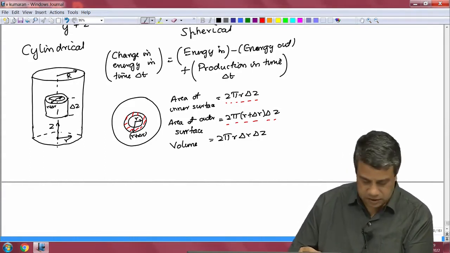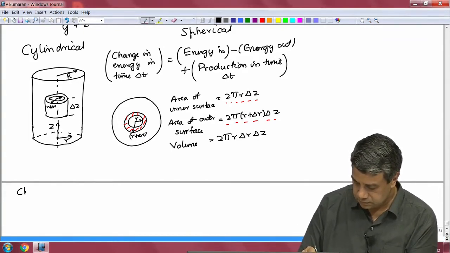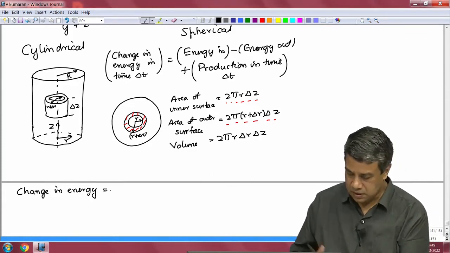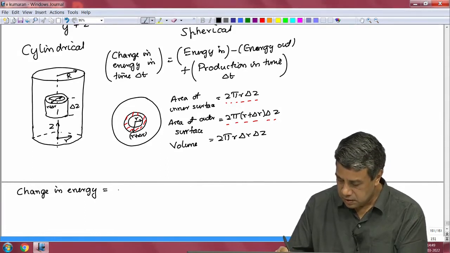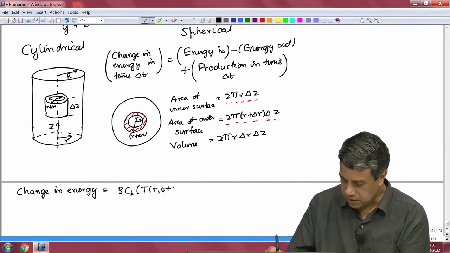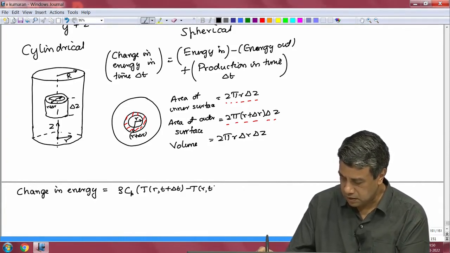So, the change in energy in a time delta t is going to be equal to rho Cp into T at r, t plus delta t minus T at r, t.